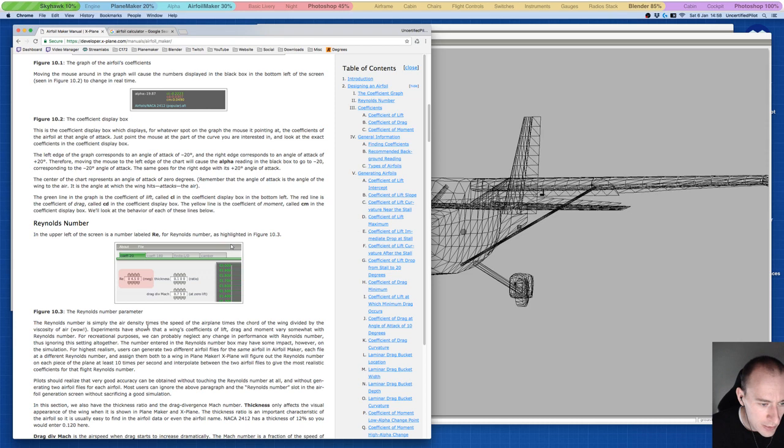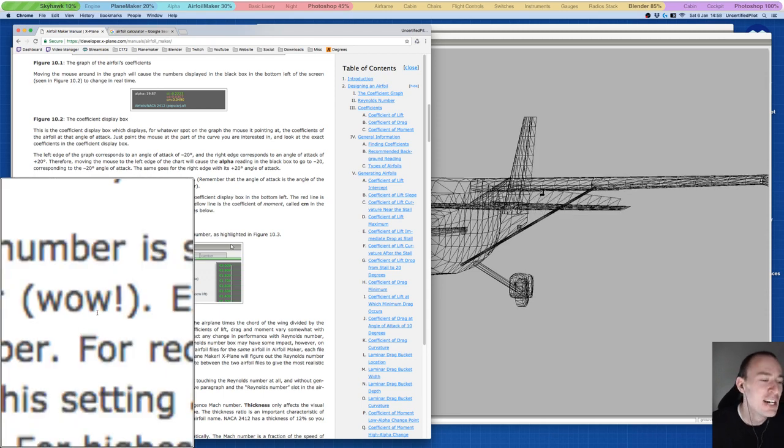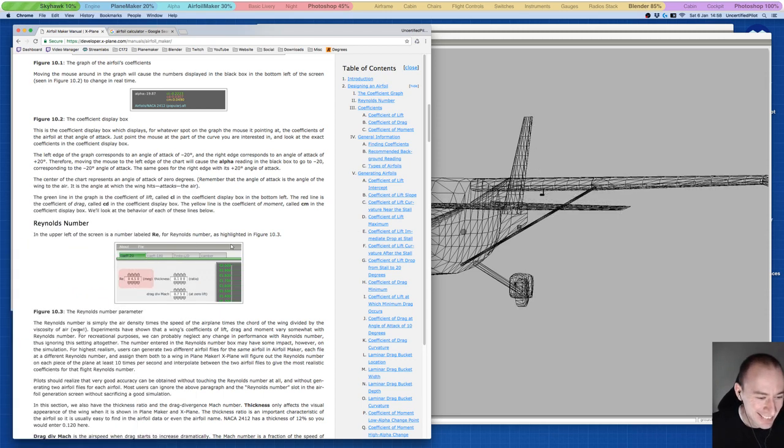The Reynolds number is simply the air density times the speed of the airplane times the chord of the wing divided by the viscosity of air. Whoa. All right.